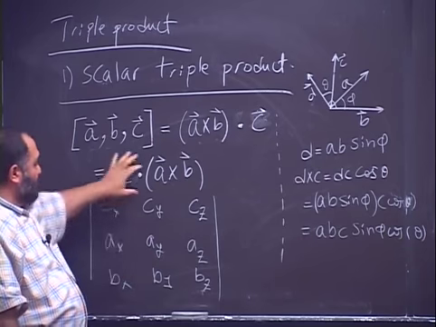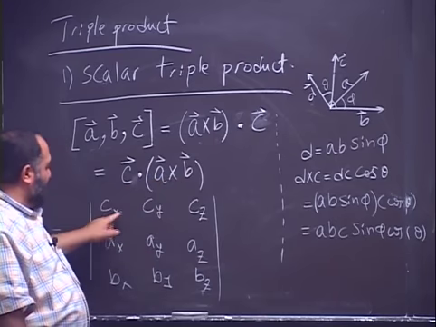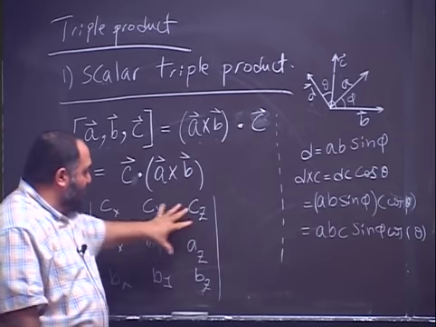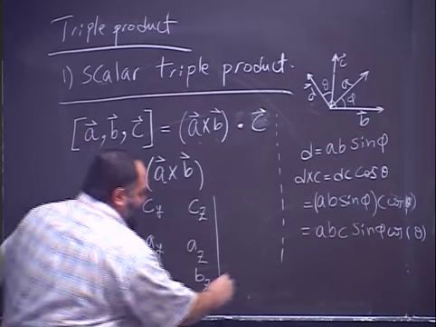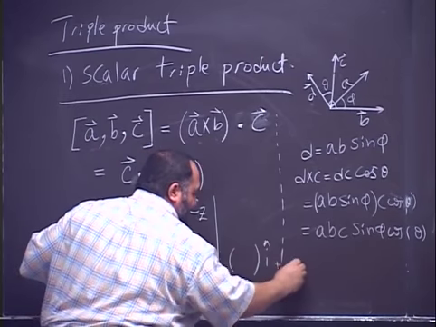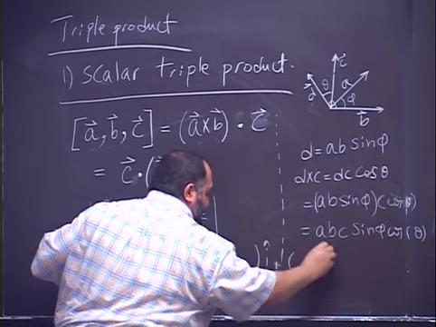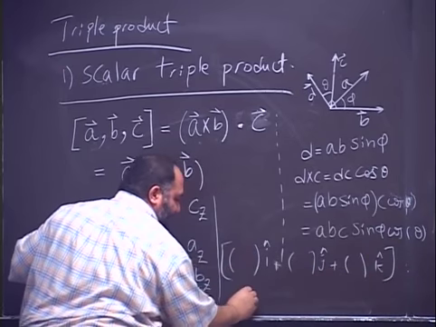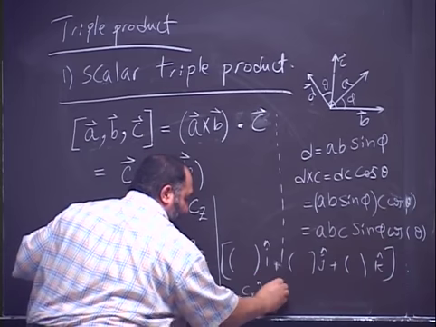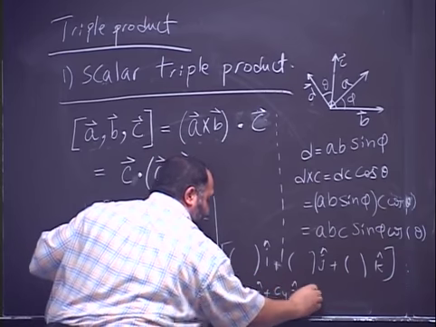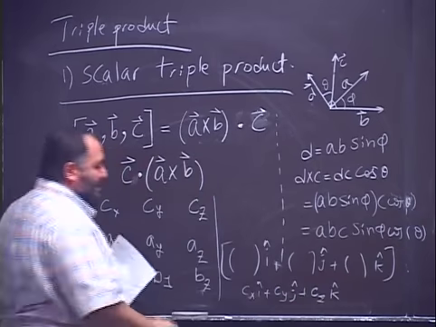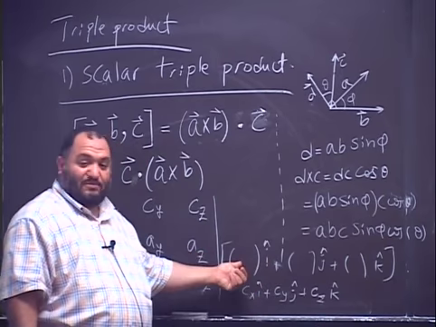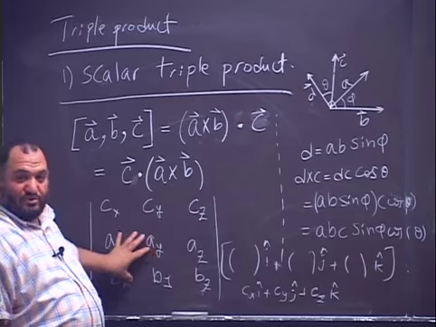So if you try to do it, A cross B will be I, J, K, components of A, components of B. Then when you decompose this, you will get something in the I direction plus something in the J direction plus something in the K direction. All of this is dotted with Cx in the I plus Cy in the J plus Cz in the K. Then I with I will give you 1, and you will have Cx multiplied by this subdeterminant here.